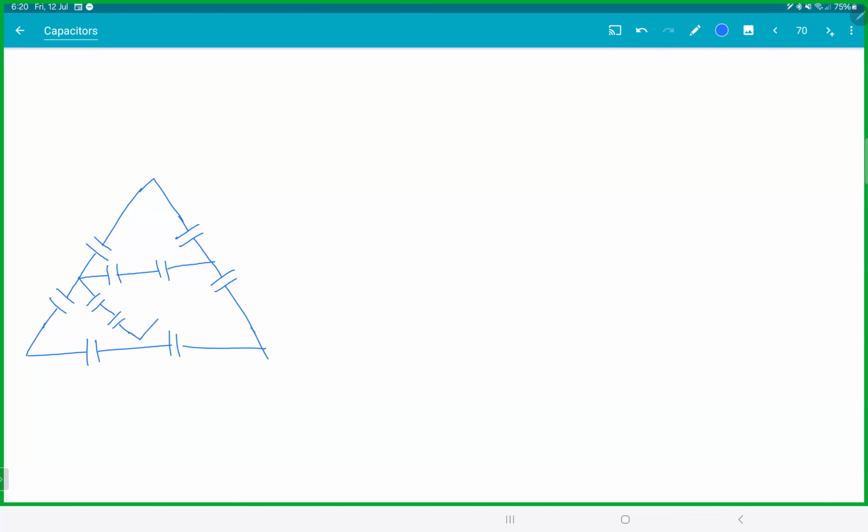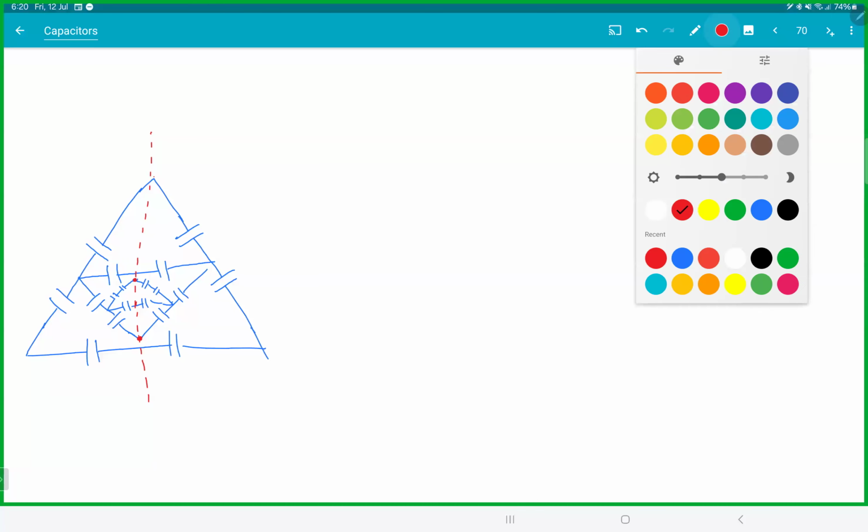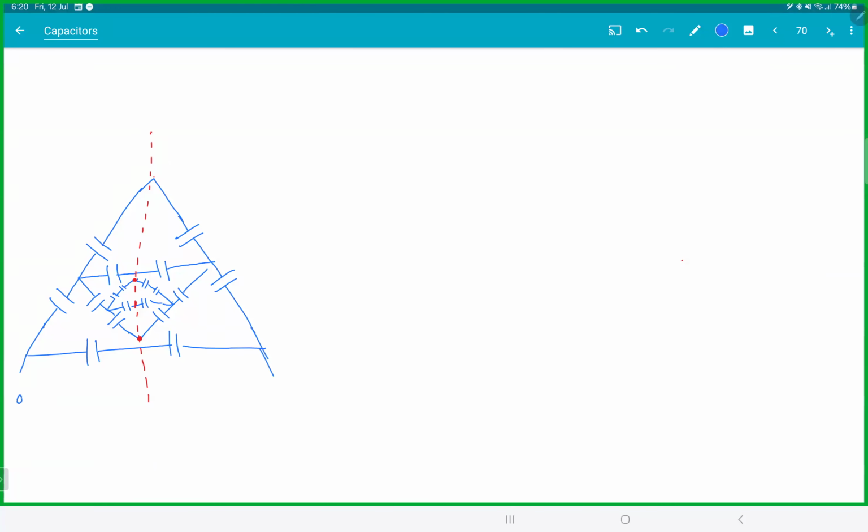You can remove this node here. You can remove this node here. Split this node, this node. Basically, you can remove all those nodes now. Now they look symmetrical.